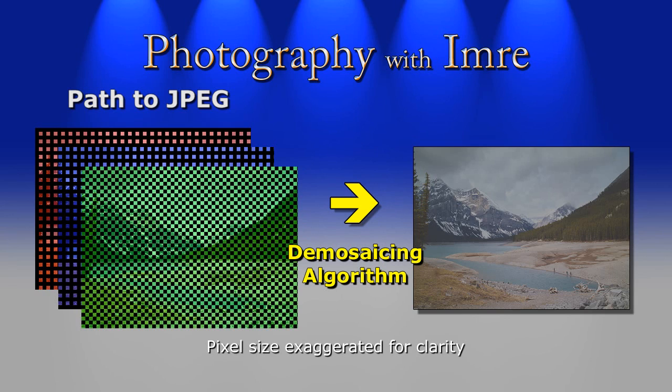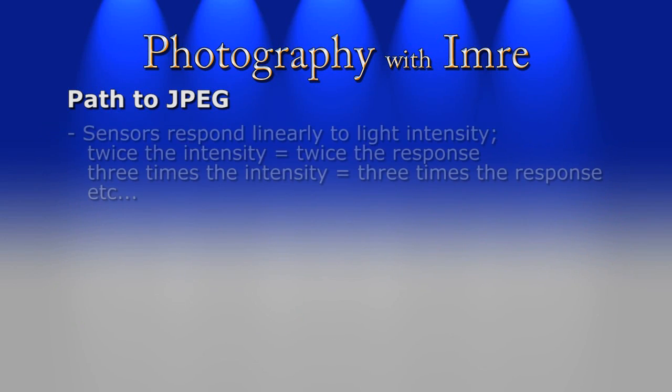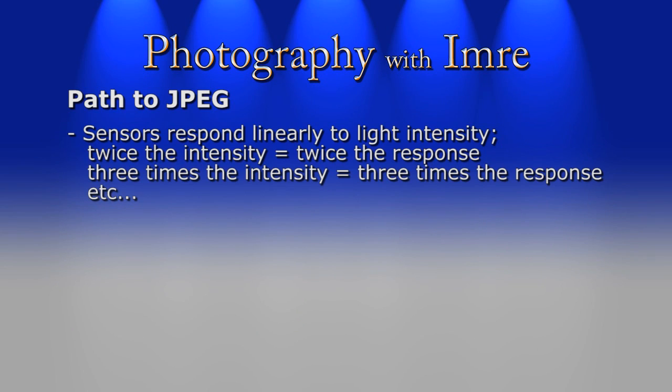Once this is done, we finally have something that more closely resembles an image, but there are still a few steps to go before a JPEG file is saved. Digital sensors respond in a linear fashion to light, so for example, twice the amount of light hitting a sensor will make it respond twice as much, 3 times the amount of light will make the sensor respond 3 times as much, and so on.